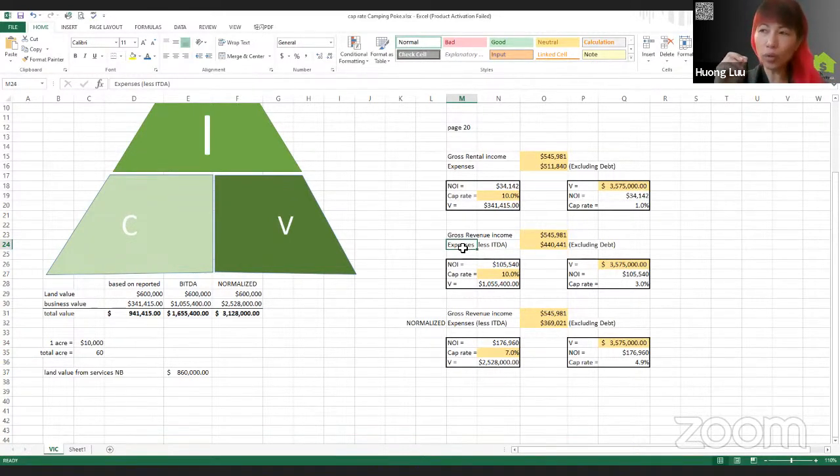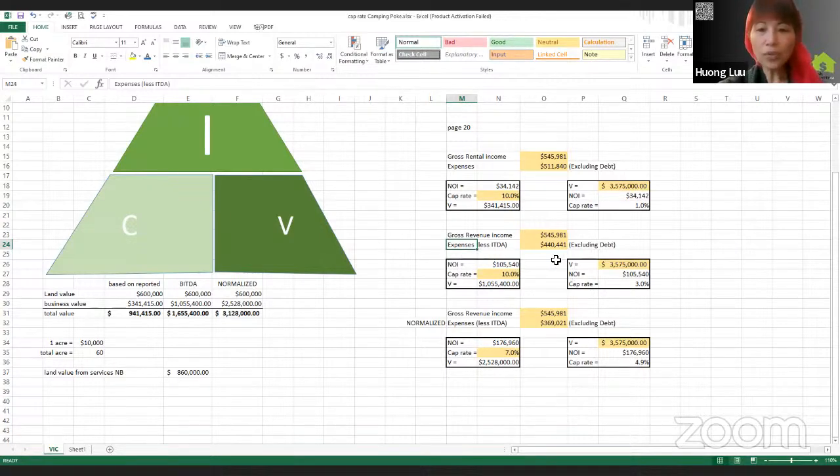So this is the corporate taxes that you'd be paying to CRA for the gains in the company. Okay, then there's depreciation and amortization. So that is interest, taxes, depreciation, and amortization. Okay, so you want to make sure that you exclude all of that. So that is your EBITDA.